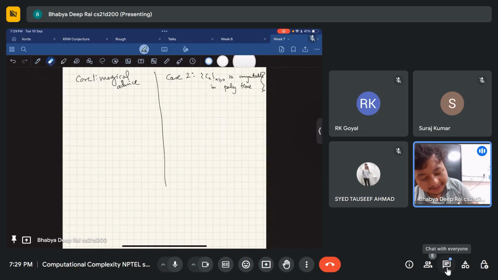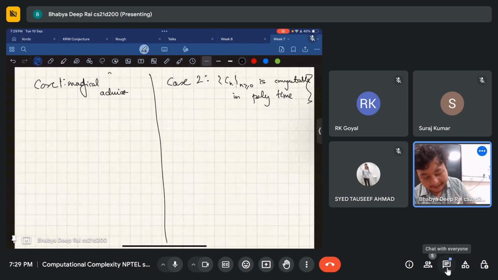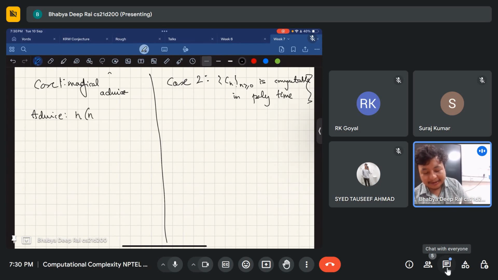One case is when this magical being will advise you. In this case, an advice is given, and advice is defined as a function which takes in an input length, a natural number, and gives you some string which is polynomial.